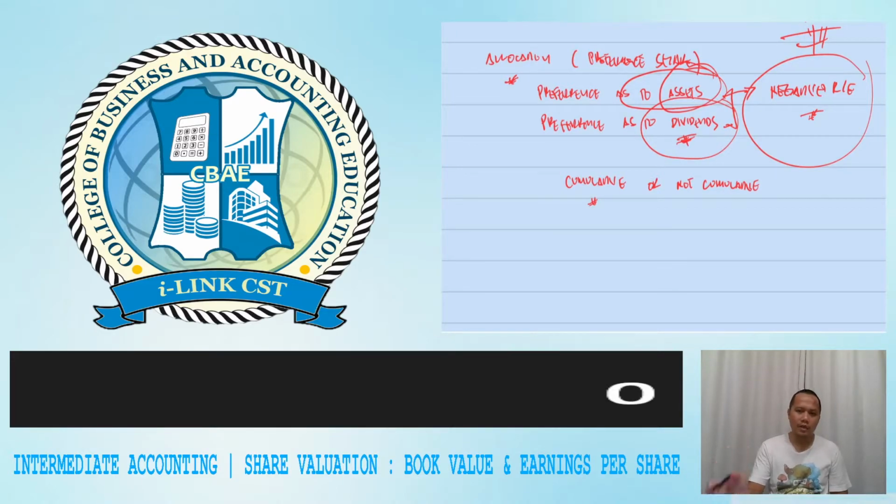Okay, meaning the current and the previous, as long as it is stated and declared. But remember this, kahit cumulative pa yan siya, if there are no statements na there are dividends in arrears or there are no declarations for previous dividends, hindi natin yan siya i-allocate. Okay? Remember that because that is very important.